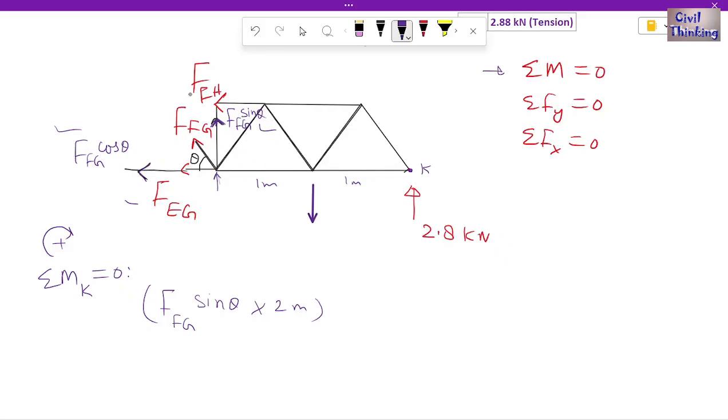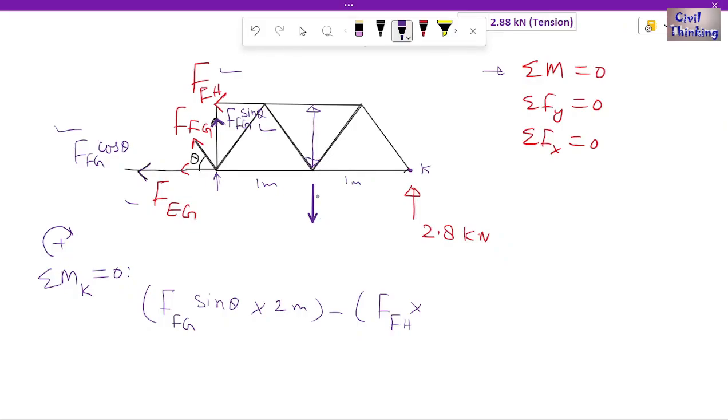Now we have this FH, right? It is going to exert an anti-clockwise moment, so it is FH multiplied by how far FH is normally from K. So the normal distance is going to be this, right?